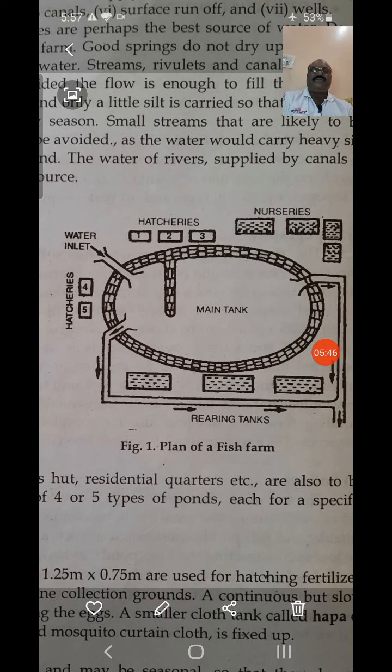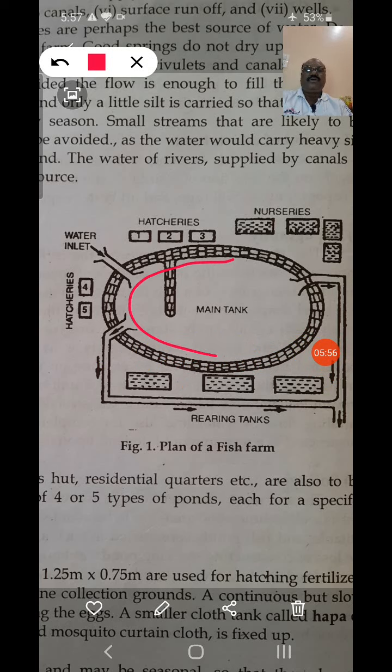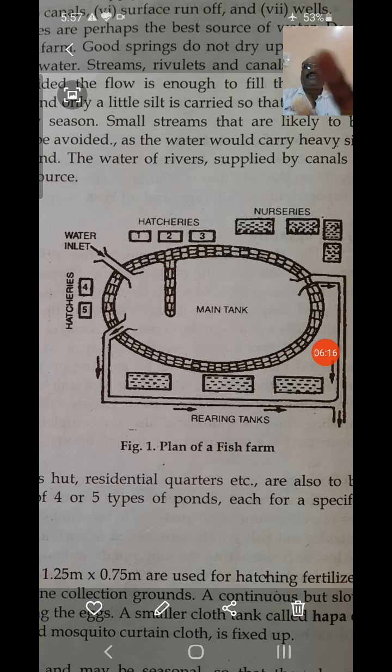So, here you can see in the middle, that is the main water source, that is the tank. See the picture here. See, this is the main tank. This is the source of water. From this main tank, we get the water for the various ponds. Now see, beside the fish ponds, there are various small structures you can see here.